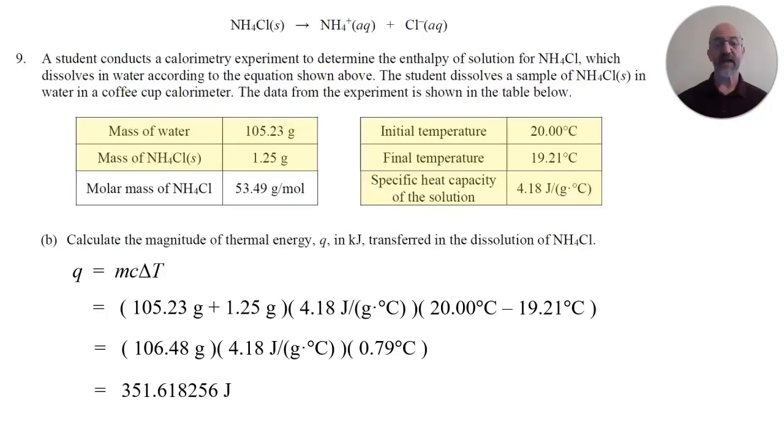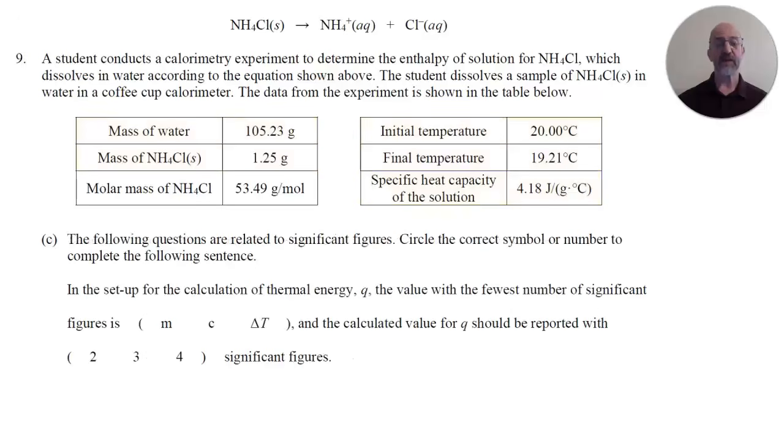Now, you'll notice that I've written down my answer as 351.618256 joules. That has way too many significant figures. But if you're not sure exactly how we round off this answer to the proper number of significant figures, well, let's go ahead and take a look at part C of this question, which talks about significant figures.